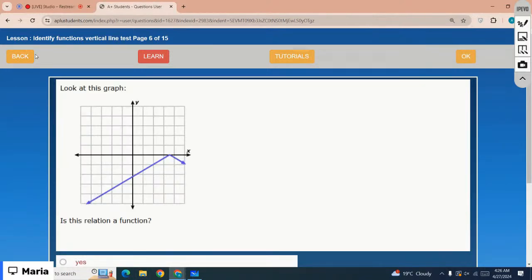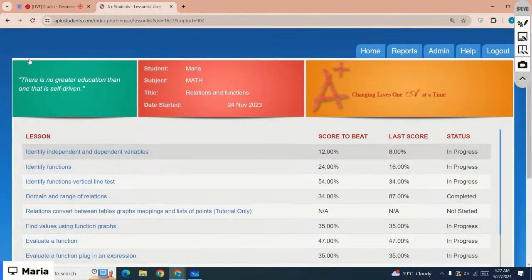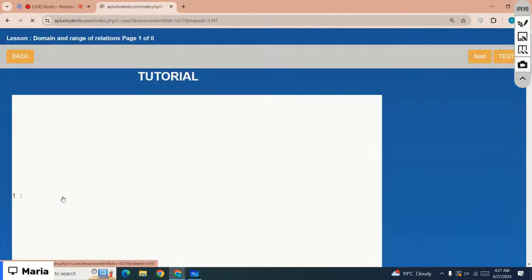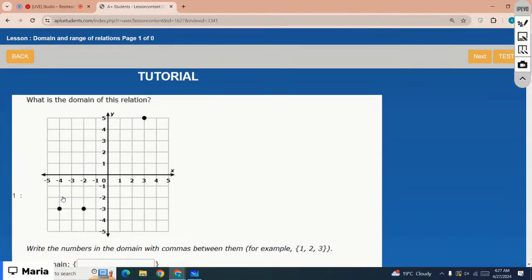And the next lesson is domain and range of the relations. What is the domain of the relation?